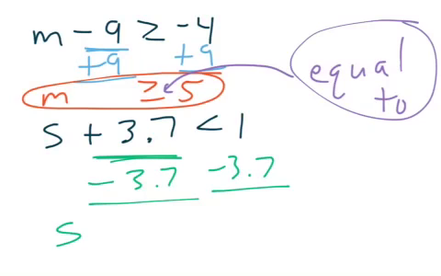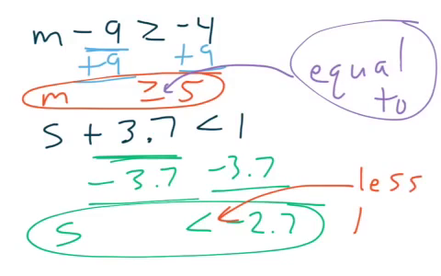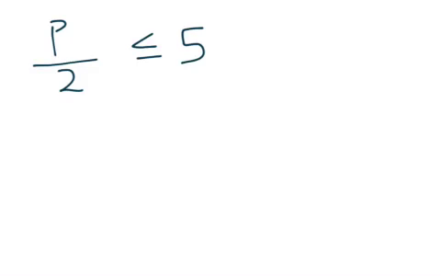And S will therefore be less than. And 1 minus 3.7 is negative 2.7. And hopefully you know that that right there is what we call a less than. That means smaller than. So pause the video again one more time and make sure you have these two inequalities written in your notes.